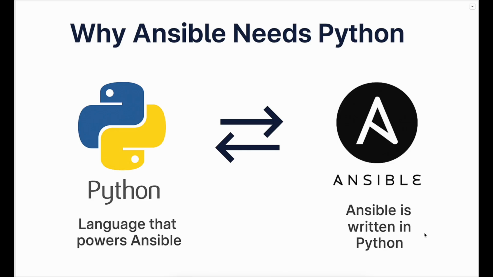So, it's always best to use the latest version of Python 3 for a smoother and more reliable experience. And the good news is that almost every Linux machine already has Python built in.